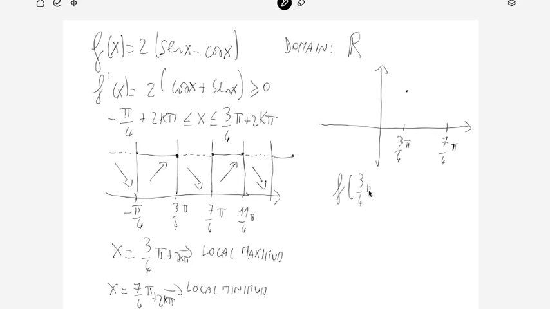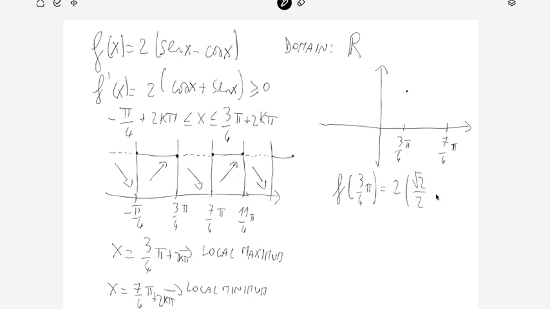So f evaluated in 3 over 4 pi is equal to 2 times the sine of 3 over 4 pi, which is square root of 2 over 2.